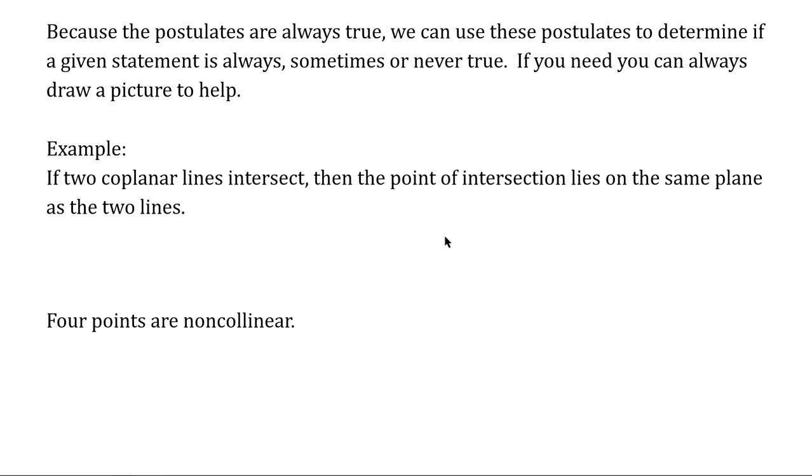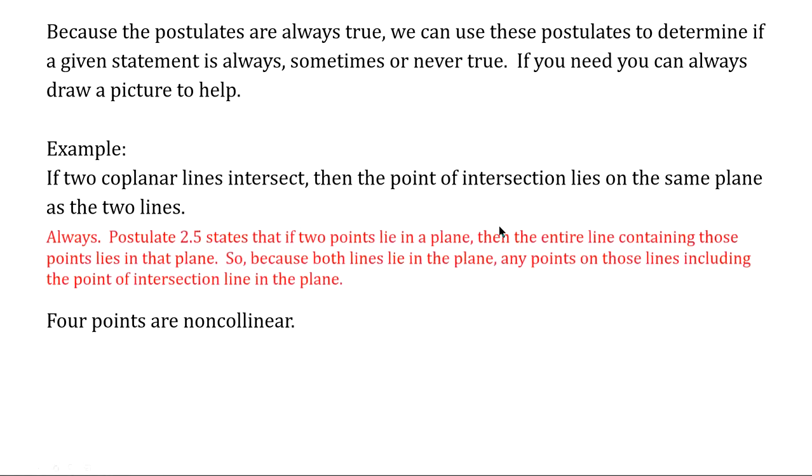Our lines are going to intersect at one point that has to be on that same plane because the lines are coplanar. So that's where we're getting that it's always true. There's never going to be any instance where two coplanar lines intersect and that intersection point is not on the plane. So you'd state postulate 2.5 to justify that.